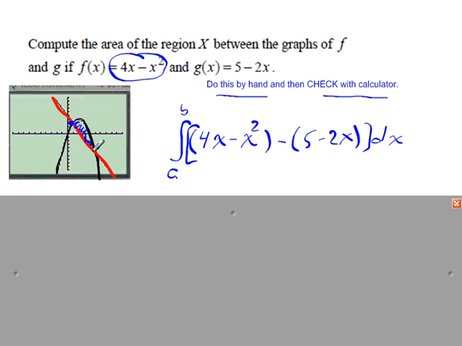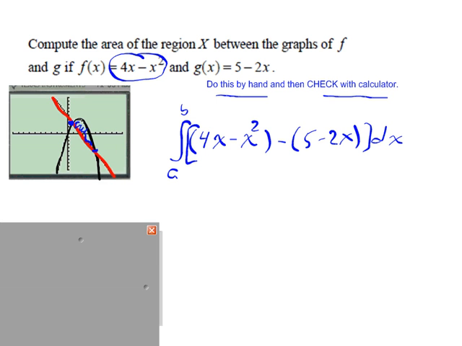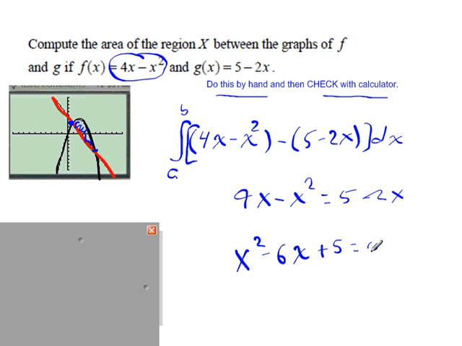In other words, what are these points? Well, those are the points where my two functions intersect. So the first thing I'm going to need to do is find that intersection. So I'm going to say, well, 4x minus x squared, when does this equal 5 minus 2x? And if we move everything over, we get x squared minus 6x plus 5 equals 0.